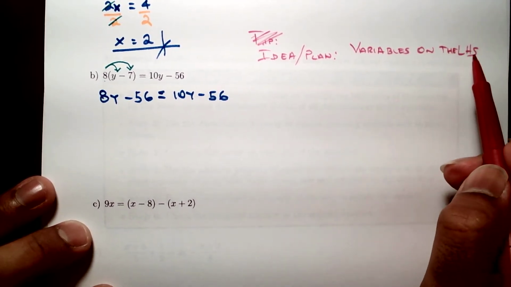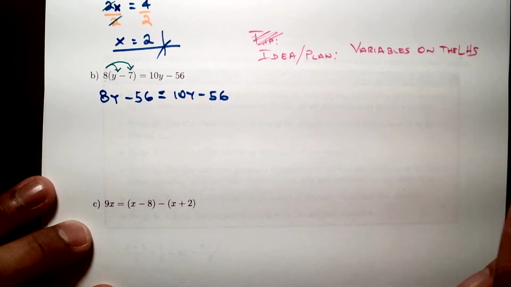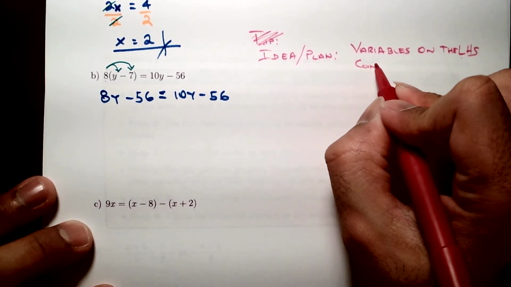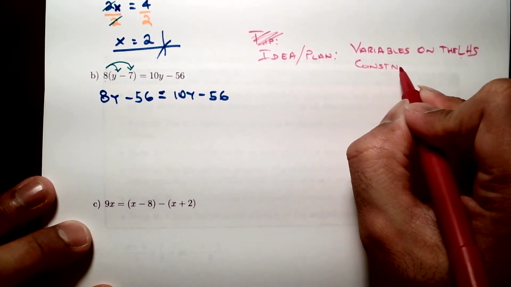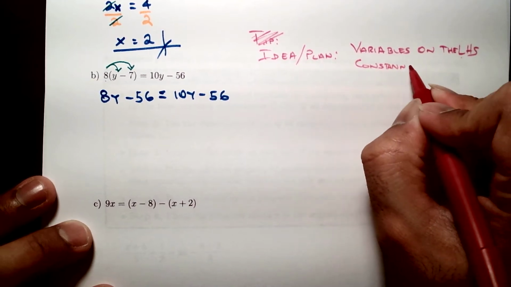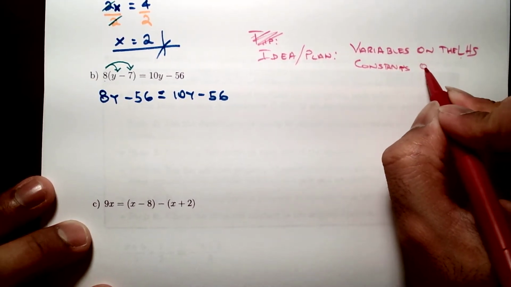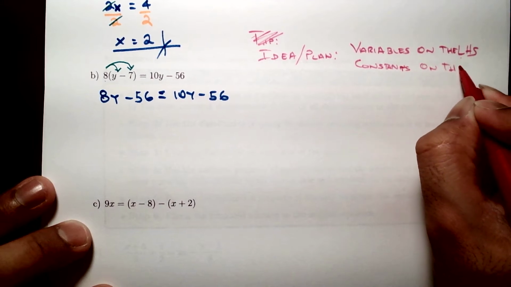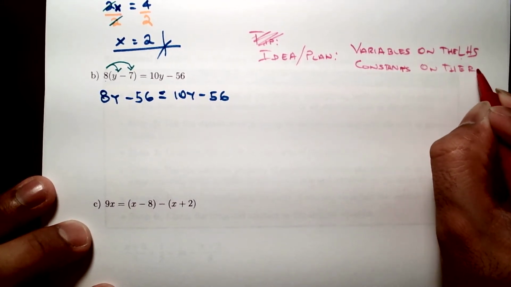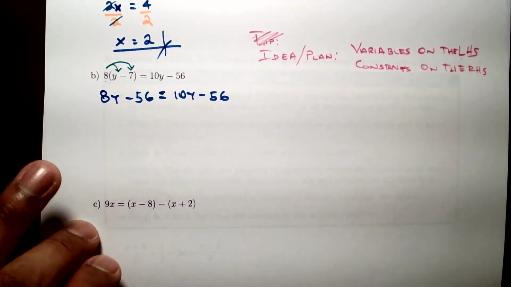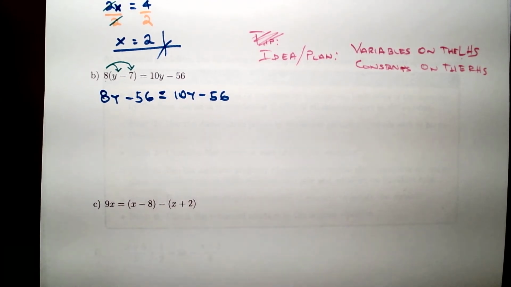I'm going to use LHS for left hand side, and RHS for right hand side. Does it matter which order we go in? Not really, it doesn't matter.